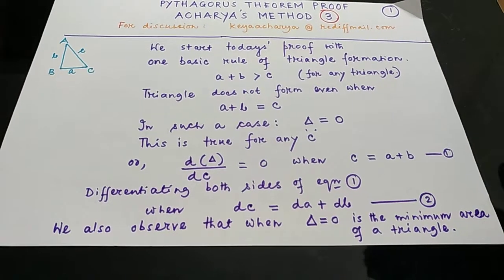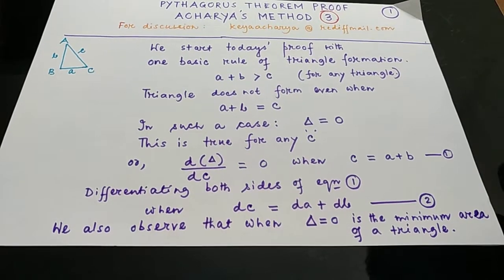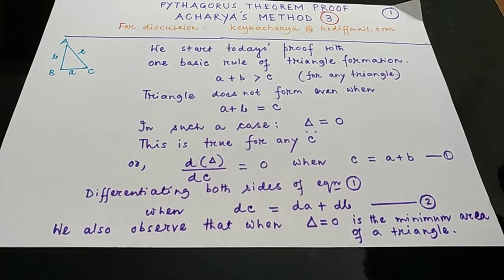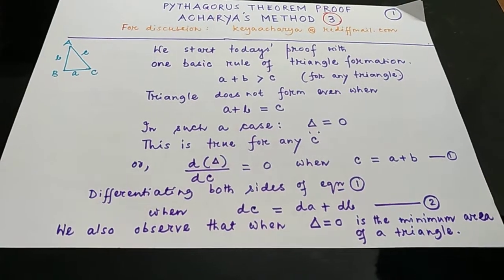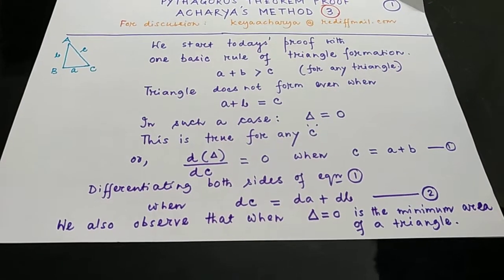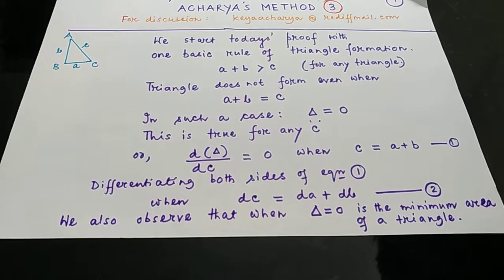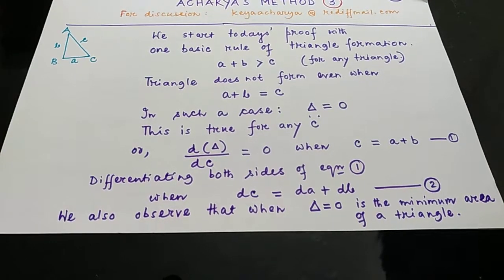So c equals a plus b is the precondition for the triangle area or its change to become 0. So differentiating both sides of equation 1, I get dc equals dA plus dB, which I show as equation 2.